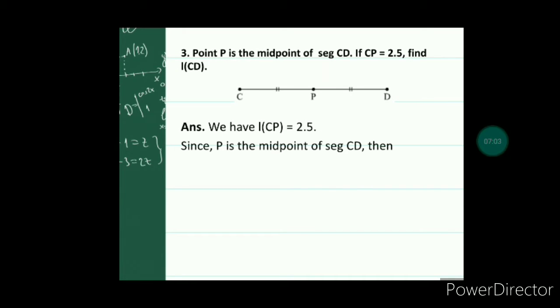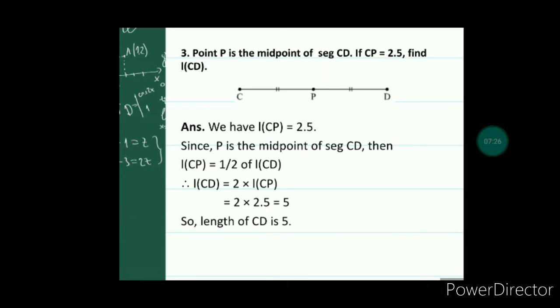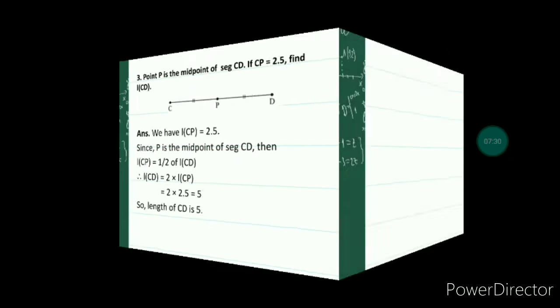Since P is the midpoint of seg CD, length of CP equals 1 by 2 of length of CD. Therefore, length of CD equals 2 into length of CP, is equal to 2 into 2.5, equal to 5. So, length of CD is 5.